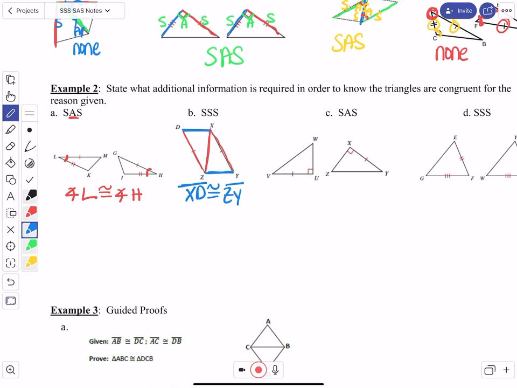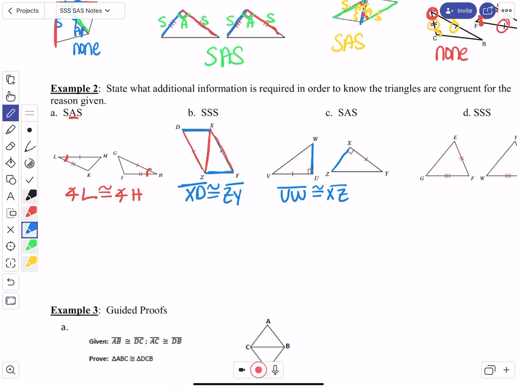All right, for C, side, angle, side. Well, we've already got one side and one angle that's given. So we need to know these sides. And it's important that you go in a proper order. So, for example, if we start at U and go to W, like we started with that right angle, we need to start with X first over here.